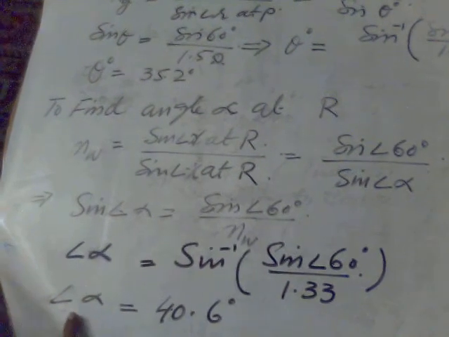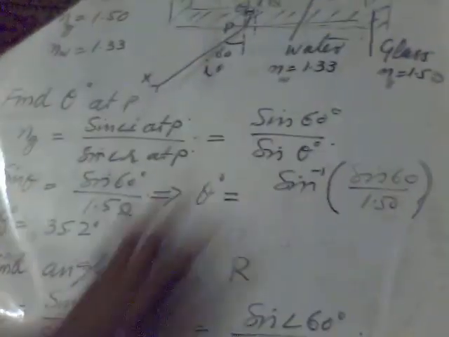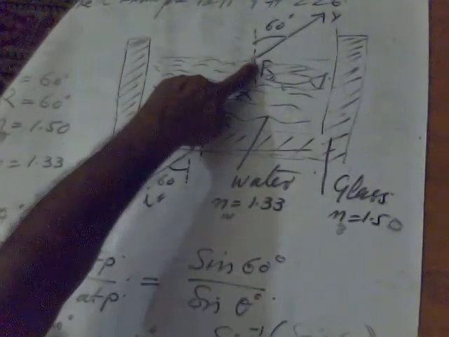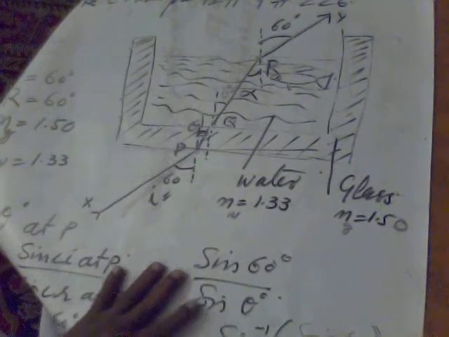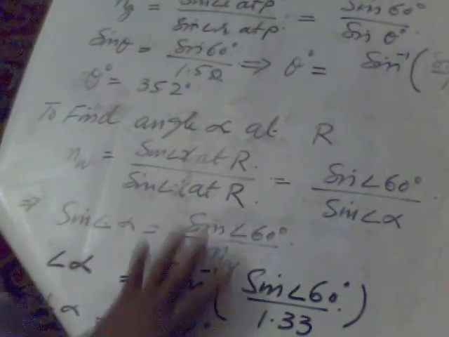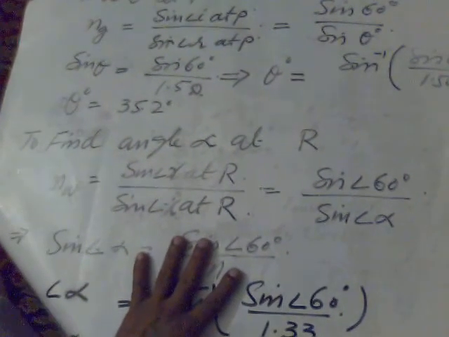So the angle alpha at point R comes to 40.6 degrees.